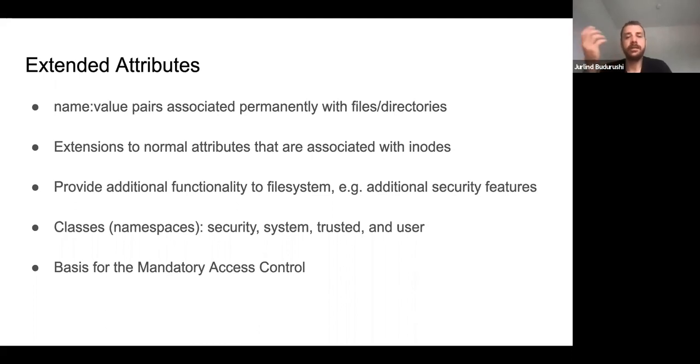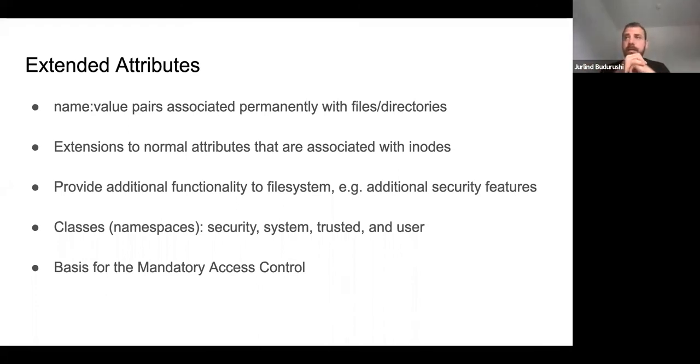So you can extend that file with specific features. There are 4 classes which we use for extended attributes: one is security, one is system, one is trusted, and the other one is user. You can use one of these classes, or so-called namespaces. These are the names that you give to the file, and then the value you give to the file.